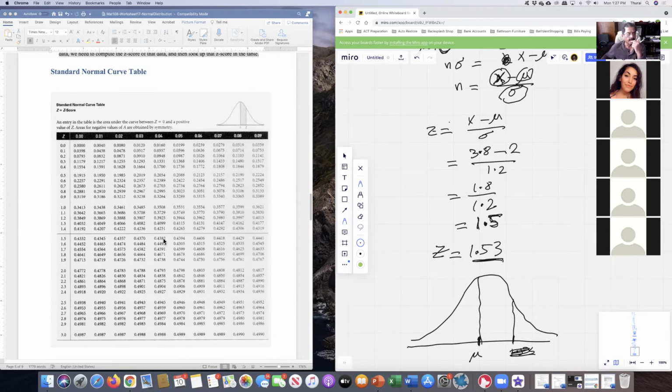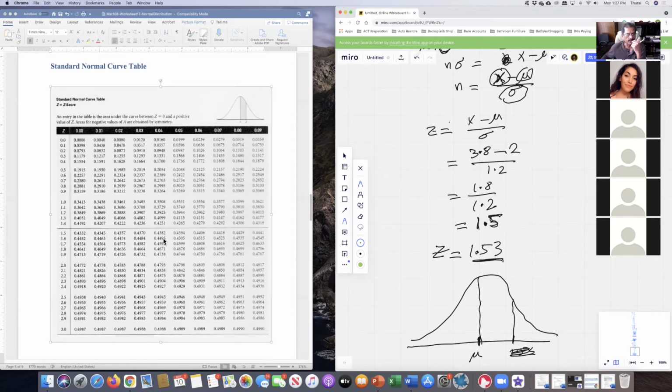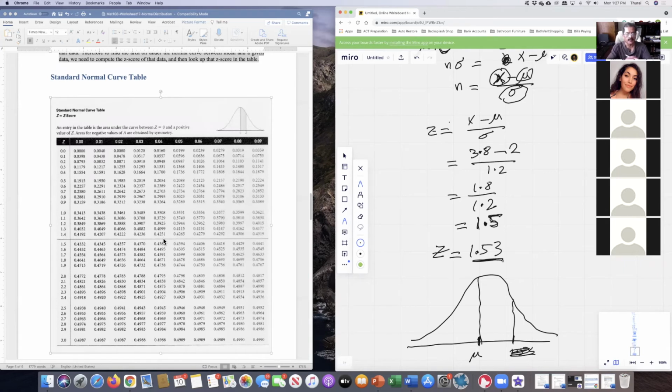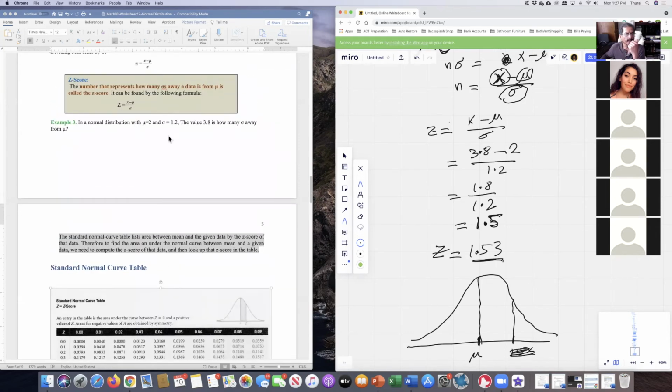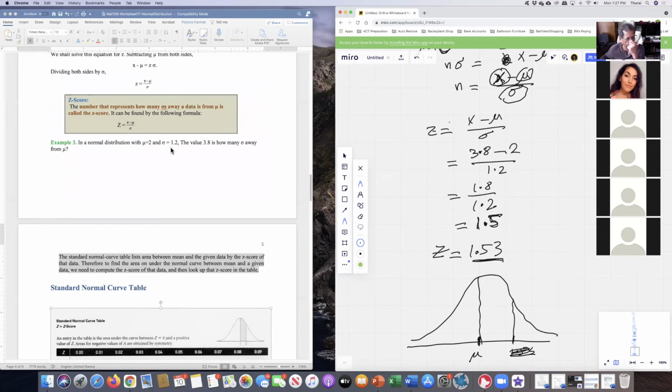Okay, so now we know how to look up the area under the curve. Now remember, the area under the curve is the same as the probability. So if the question says, what is the probability for the value to be in the range 2 to 3.8? 2 is the mean, 3.8 is on the right side of the mean.